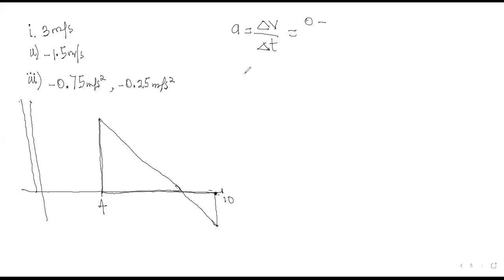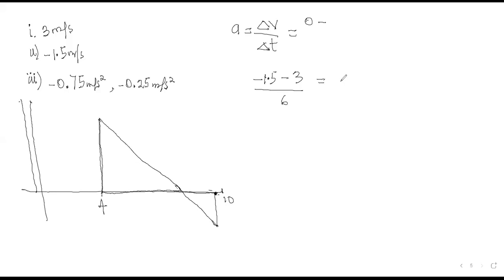Okay, if I use that, I have change in the vertical, which is negative 1.5 minus the initial velocity, which is this, divided by the time interval 10 minus 4, which is 6.